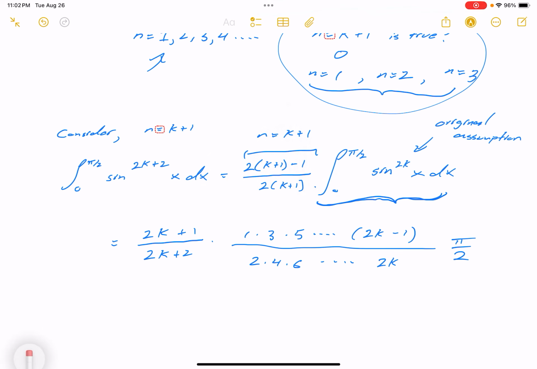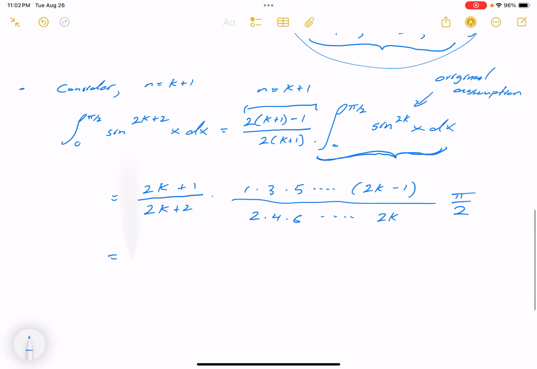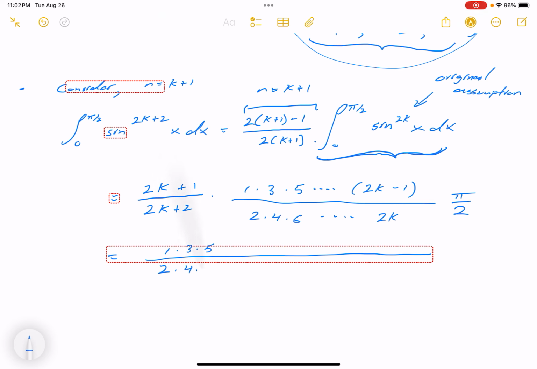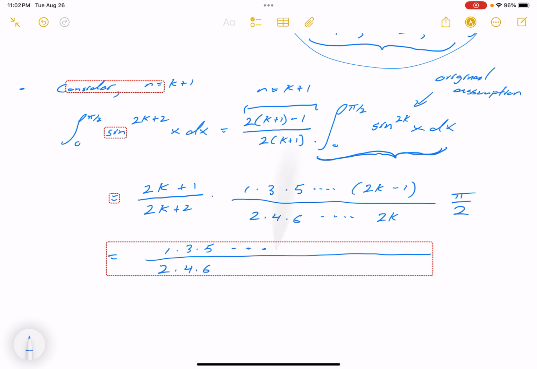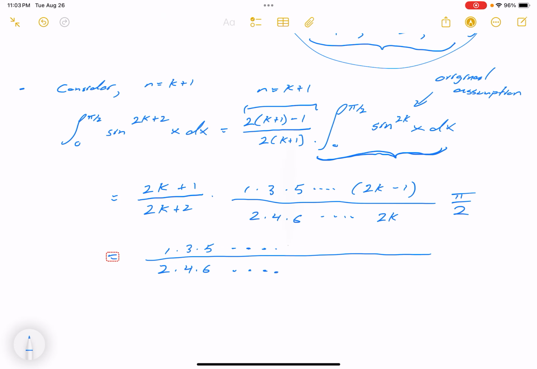All right, so let's multiply. So that equals 1 times 3 times 5 over 2 times 4 times 6, dot dot dot. When we multiply across, we have 2k minus 1 over 2k, remember that.